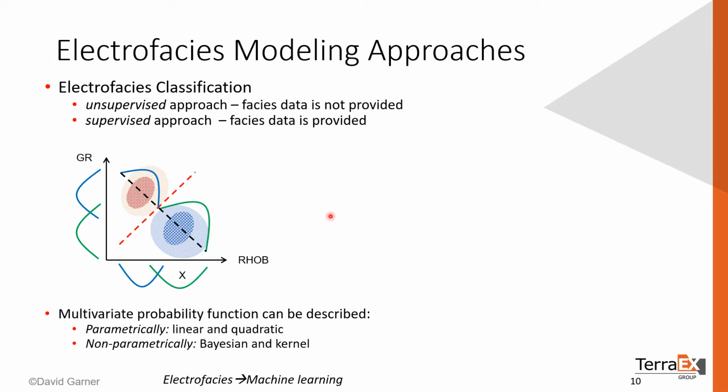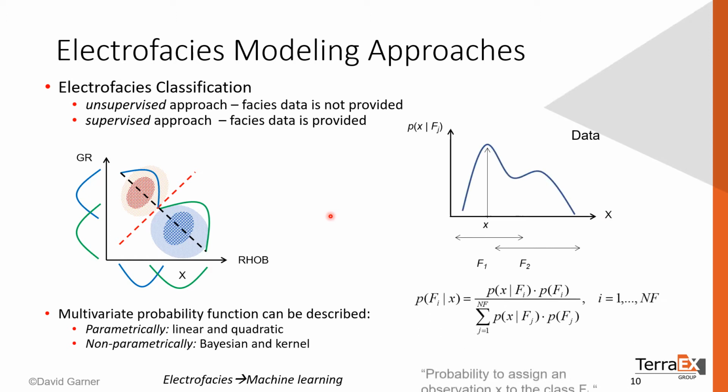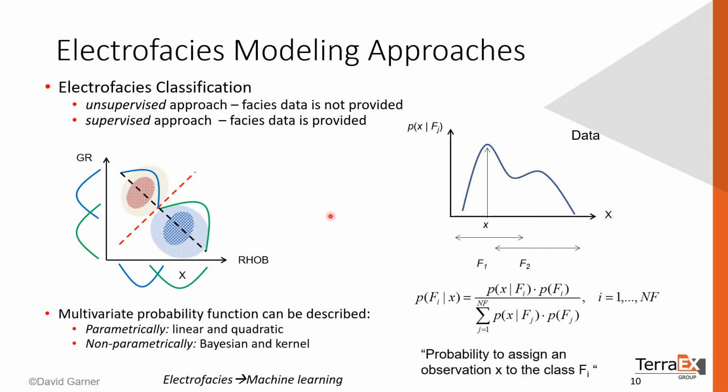Then we have non-parametric, say, Bayesian approaches. The thing is that the parametric approaches don't handle the complex data shapes that we have, so the parametric approach is a little more simplistic. They can be handy for unsupervised approaches where you don't train with input facies from the geologist.